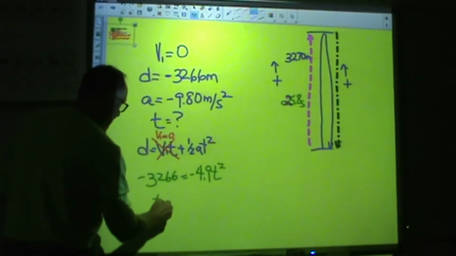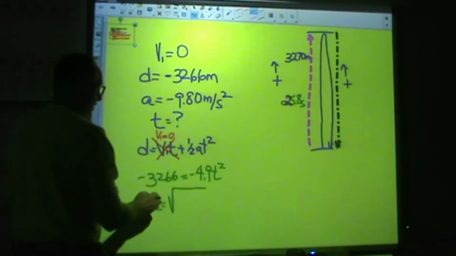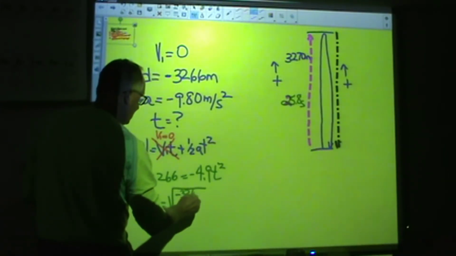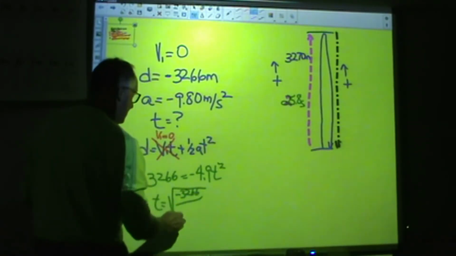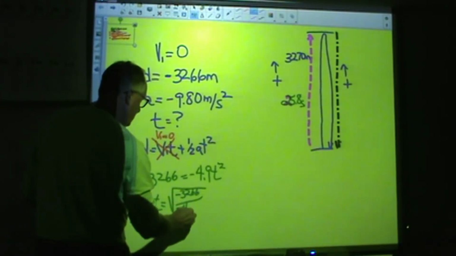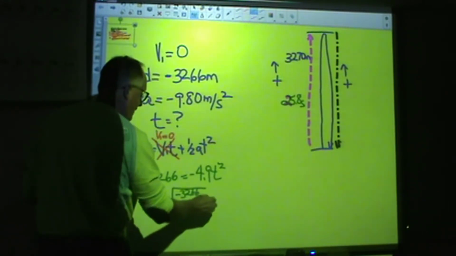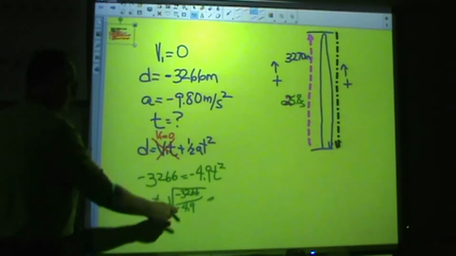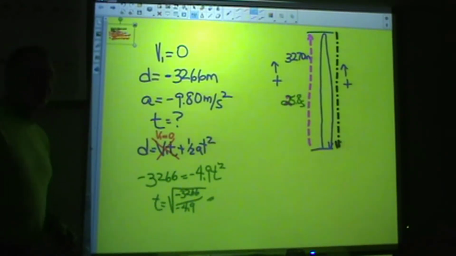So T equals the square root of negative 3266 divided by negative 4.9. So hopefully that's visible on there. Somebody with a calculator, what is the square root of, well, you can just put them in as positive because the negative signs are going to cancel. You get 25.8.